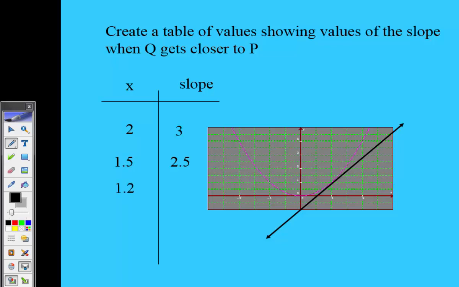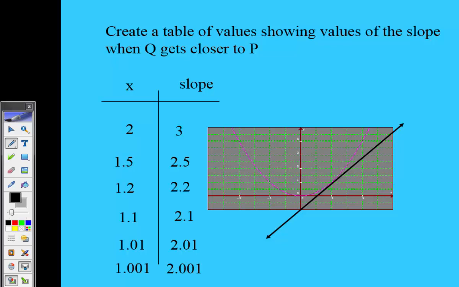And then we moved our x value a little bit closer to 1, to 1.2. Then we did our slope calculation, and we got a slope of 2.2 for that secant line. Now, if we continued this on and calculated the slope of the secant lines for these different x values, we would get these values here.